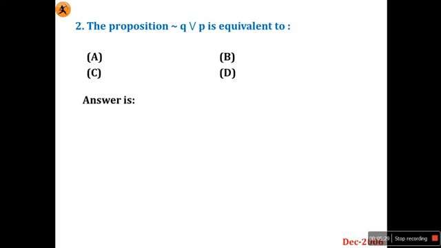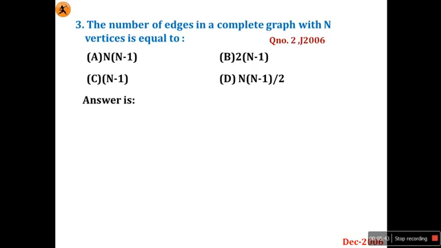I think two questions are the same. So I will not discuss anything about this. I will not assume that maybe these are the options. So I leave it undefined, because we don't know. I think it is a printing mistake. Next one more: the number of edges in the complete graph with n vertices is equivalent to. This I already explained.